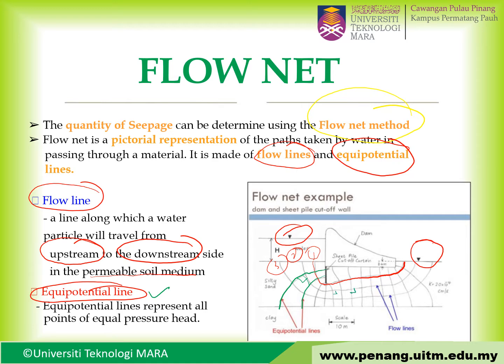This one is about square. So this is the flow line and equipotential line. We have to draw the flow lines and equipotential lines in the soil. Even though the flow is from upstream to downstream, we do not start here, we start from the soil because the quantity of seepage flows through the soil.